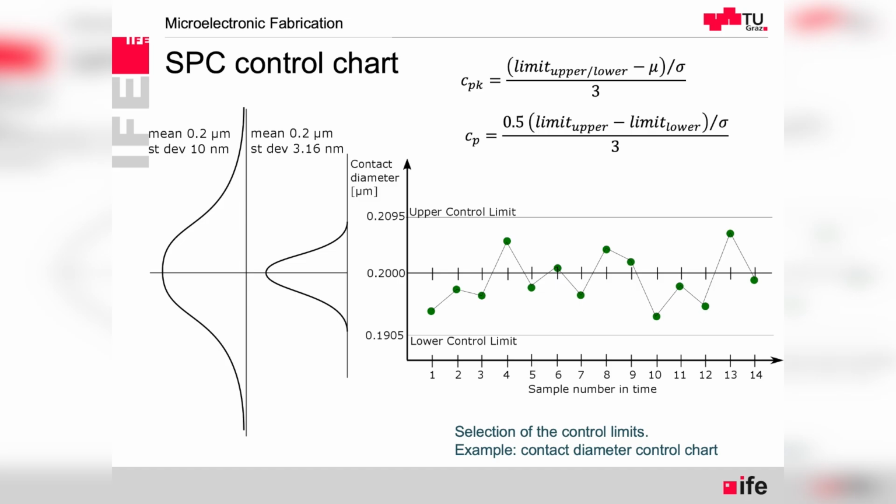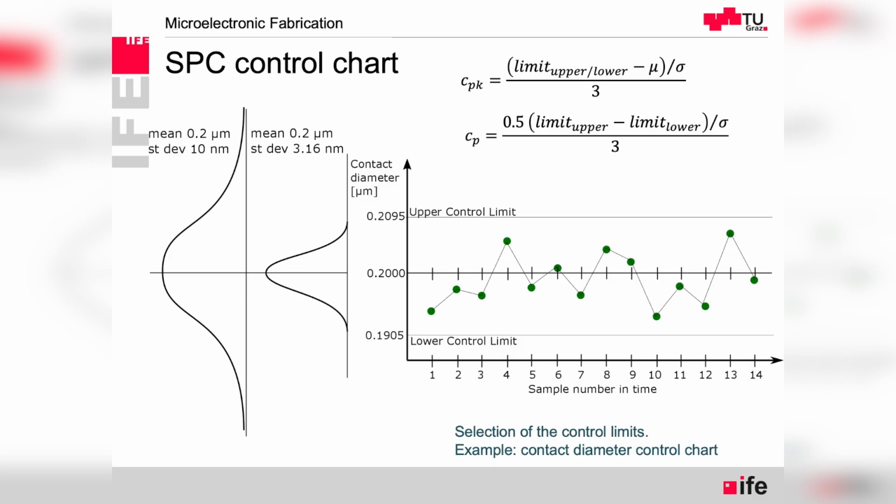So the upper and lower control limit, as well as the calculated mean value and the calculated standard deviation, give us statistical history, but then refer to each unit measurement, and help us to calculate for each process step the value of the CPK and CP parameter.